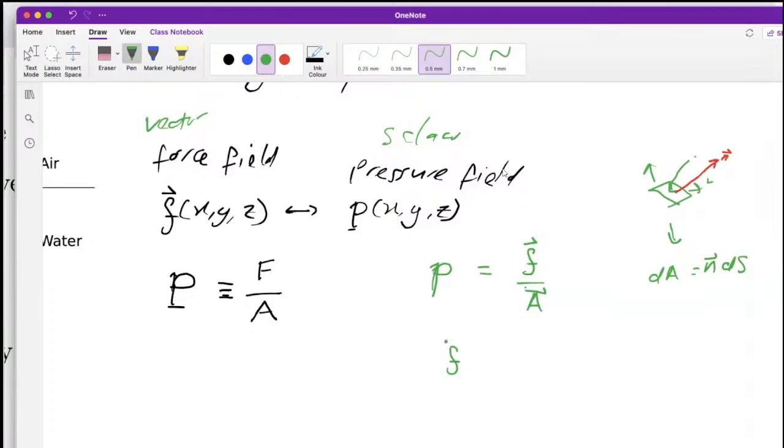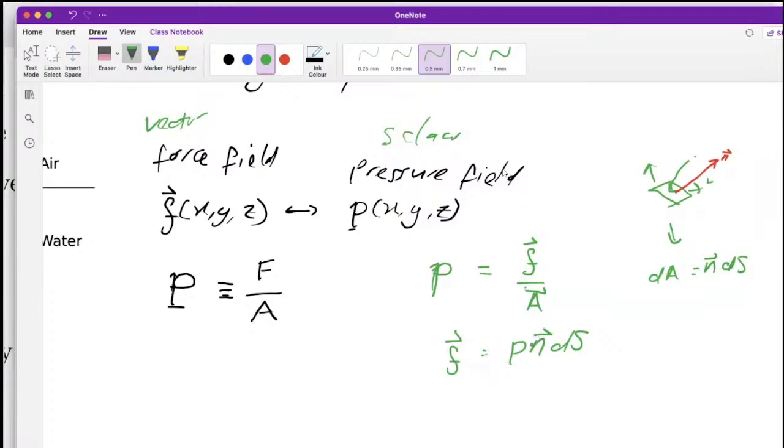So F is this P. Remember, and they're both functions, and then I'm going to have the n dS, yeah, that small area, and then oops, sorry, and then it has the normal vector here.